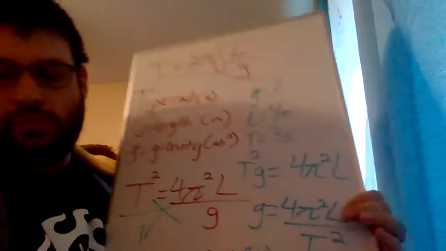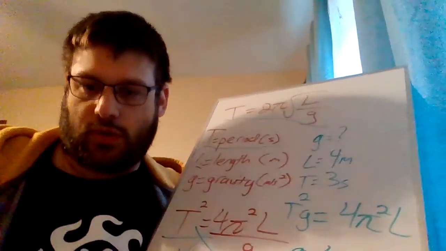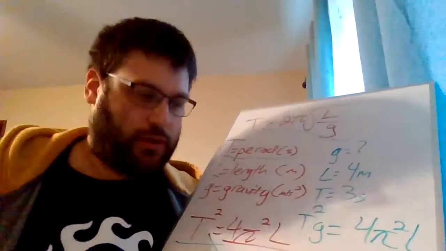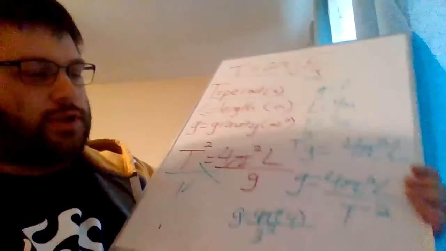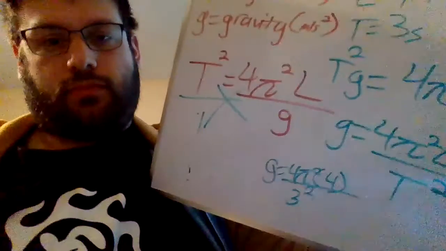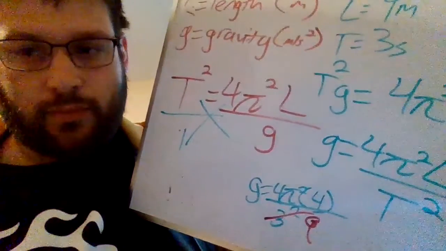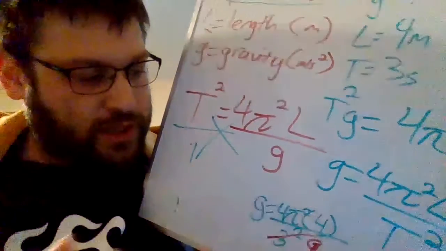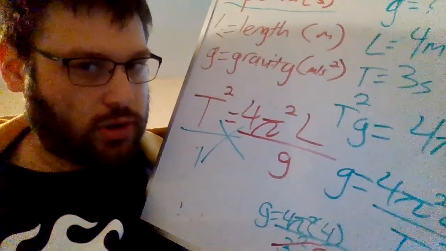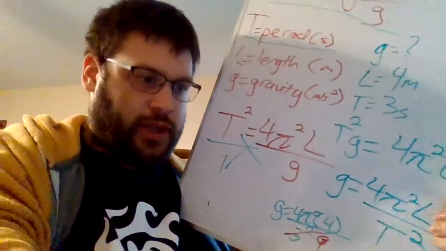So in this case, with your numbers, 4 pi squared, the L is going to be 4. All right, so I plugged in some numbers where they belong. Obviously, 3 squared is going to be 9. 4 times 4 is 16. You just got to use a calculator.